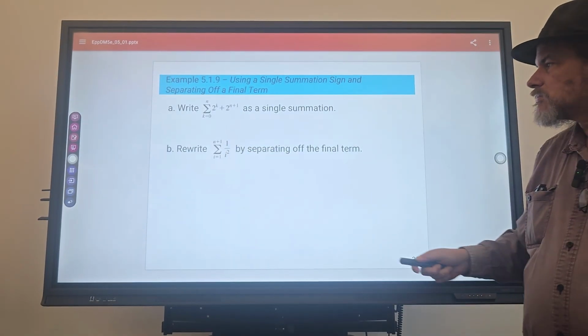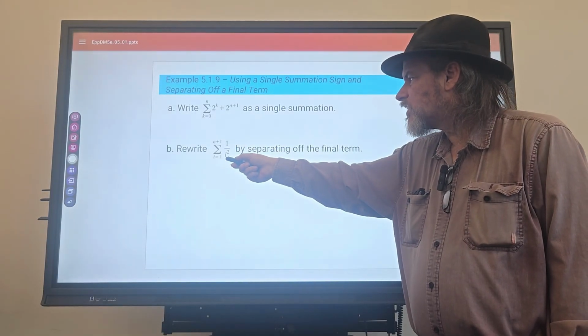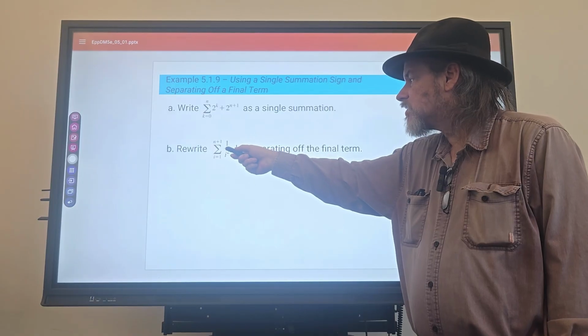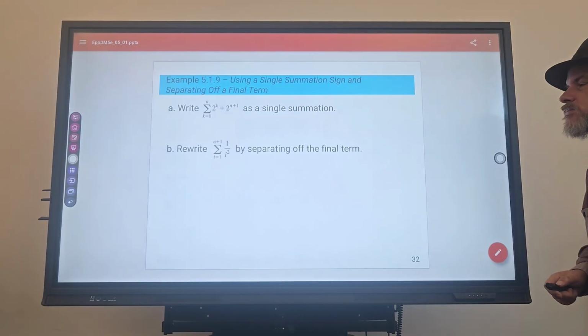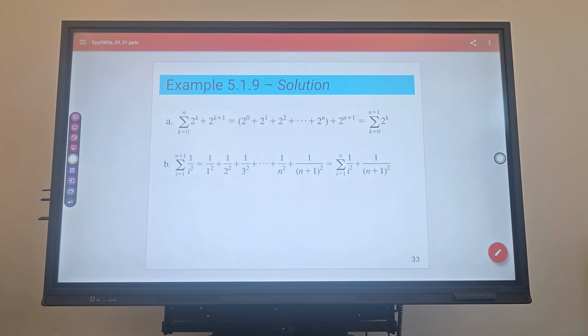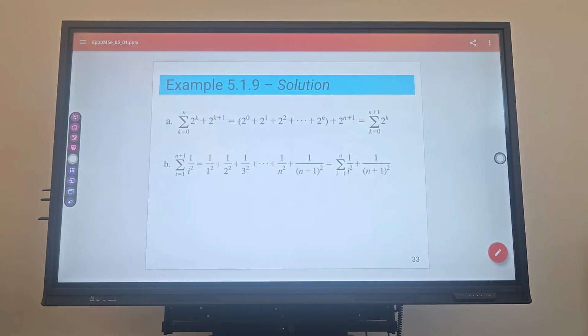You can make it the summation of 1 over i squared, 1 to n, and then add to it 1 over n plus 1 squared, sorry. But yeah, just separate the last term and adjust the index accordingly. The starting and the ending index accordingly.